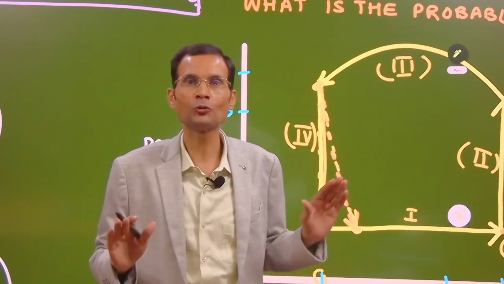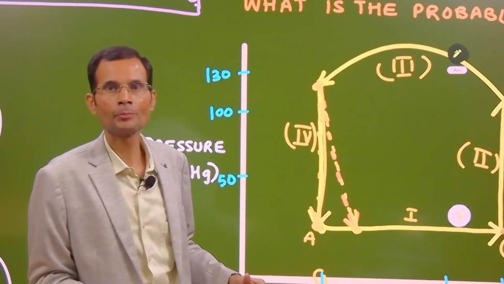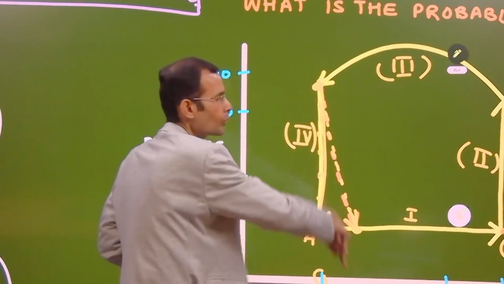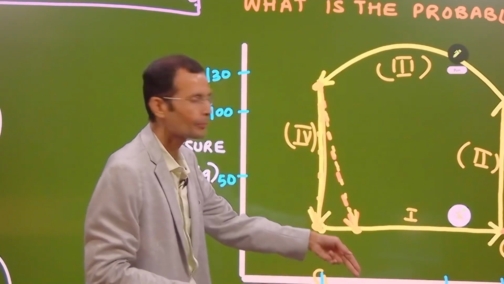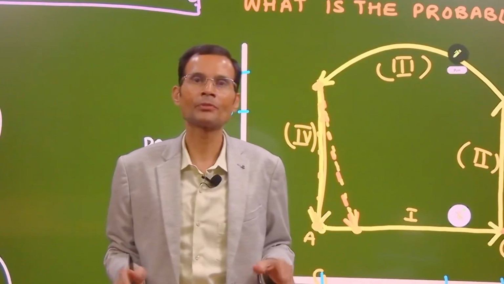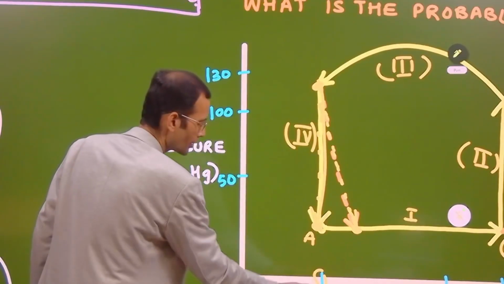Ventricle is not isovolumic. Blood is coming into the left ventricle from the aorta and its volume is increasing even as the pressure falls. Downward arrow means pressure is falling, but then volume should have remained the same. It's not remaining the same. It's increasing. So therefore, that was the case of aortic regurgitation.